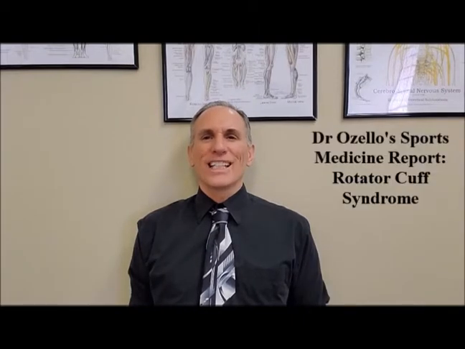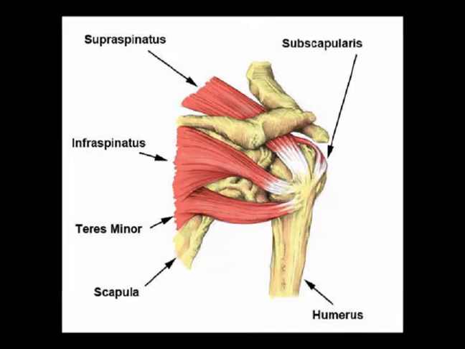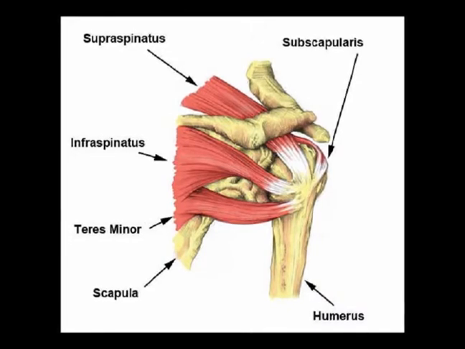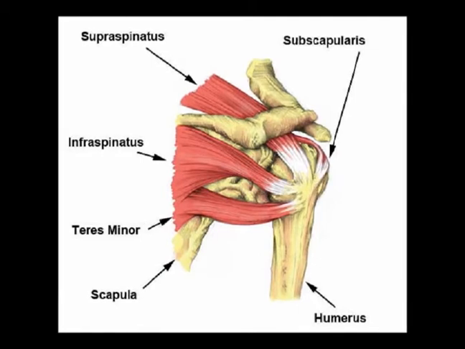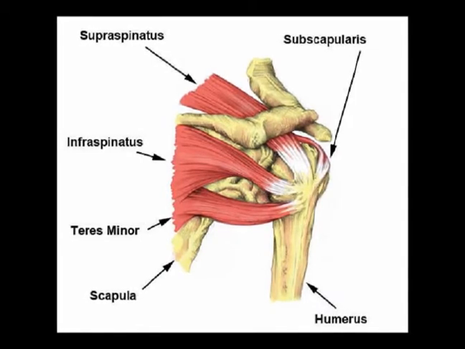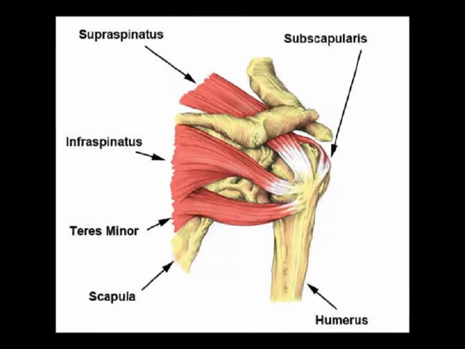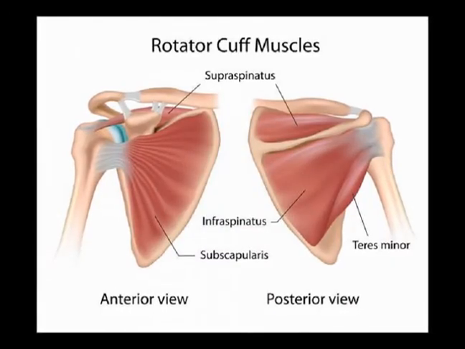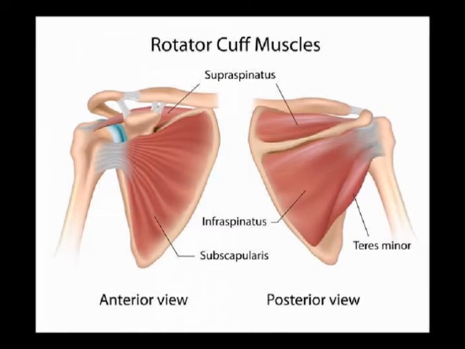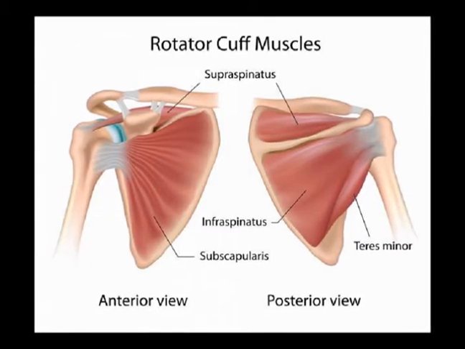I'm going to go over the anatomy and the physiology of the rotator cuff. The rotator cuff consists of four muscles. These muscles attach the scapula to the humerus. The scapula is the medical name for the shoulder blade. The humerus is the medical name for the upper arm bone. There are three posterior rotator cuff muscles: the Supraspinatus, the Infraspinatus, and the Teres Minor.